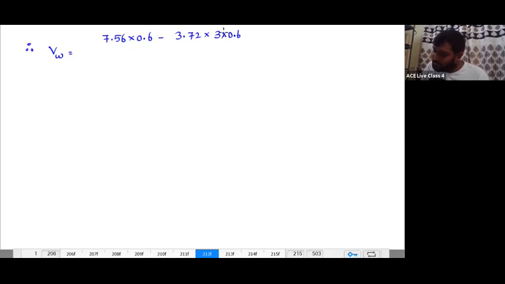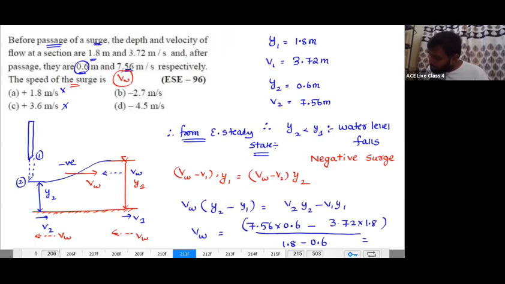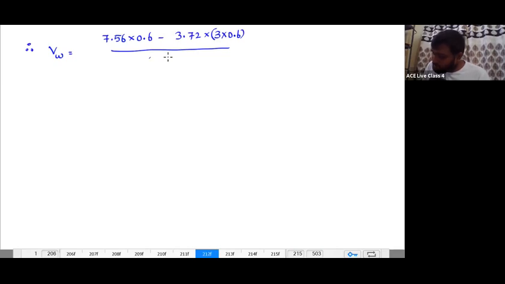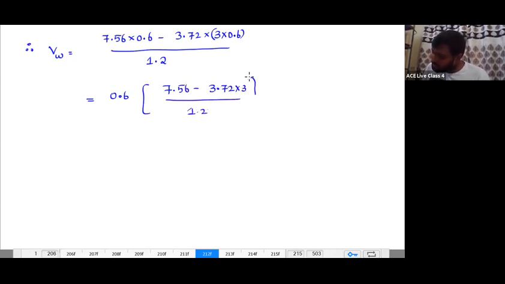I'll rewrite this one by 1.8 minus 0.6, which is 1.2. Take 0.6 outside, which means 7.56 minus 3.72 into 3 by 1.2.